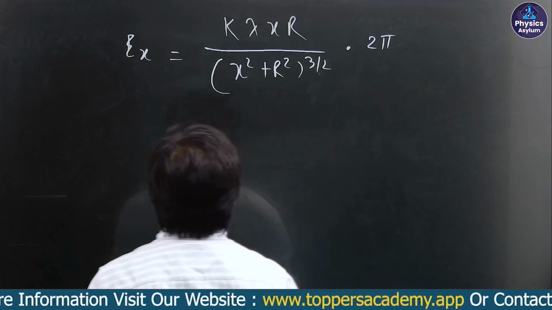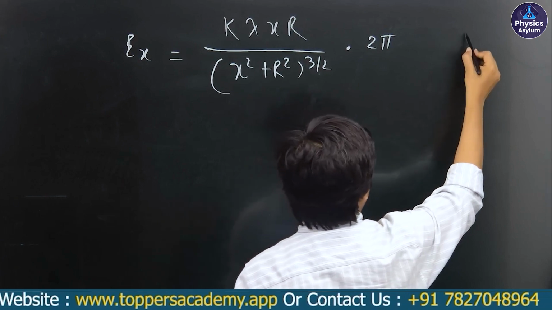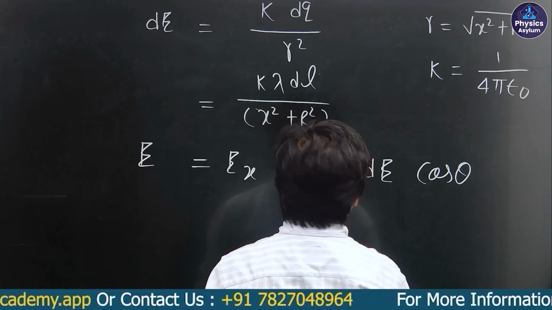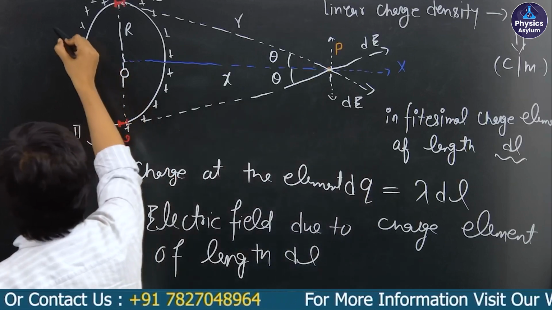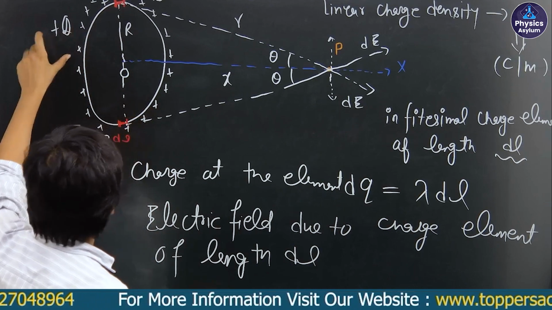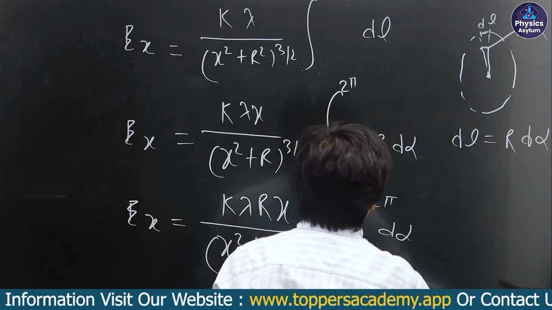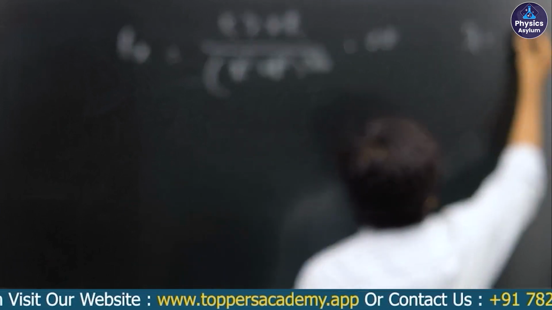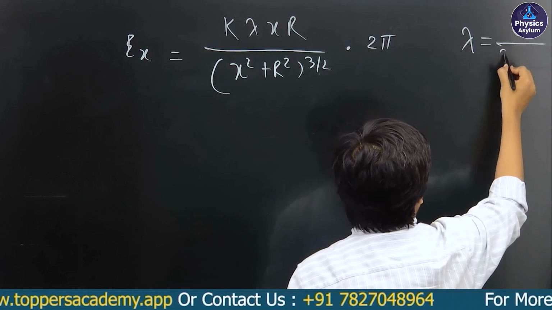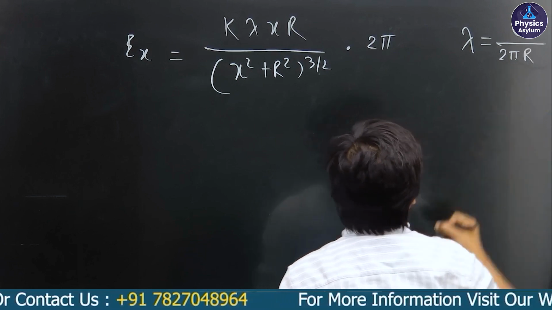Now, if I put the value of lambda here, suppose a charge plus Q is the total charge distributed over this ring, then you can write that this lambda will be equal to Q divided by the circumference of the ring, and that will be equal to 2 pi r.